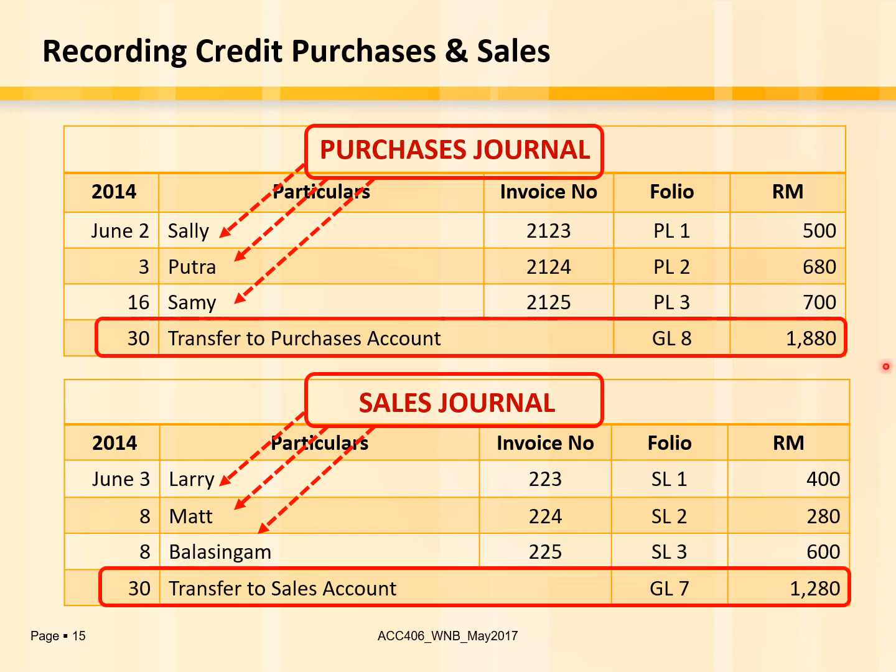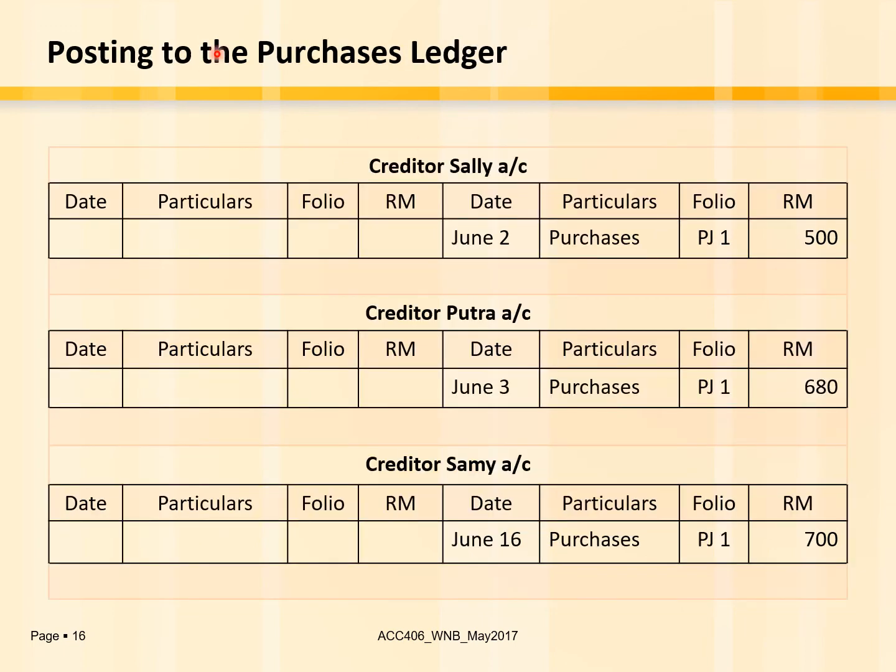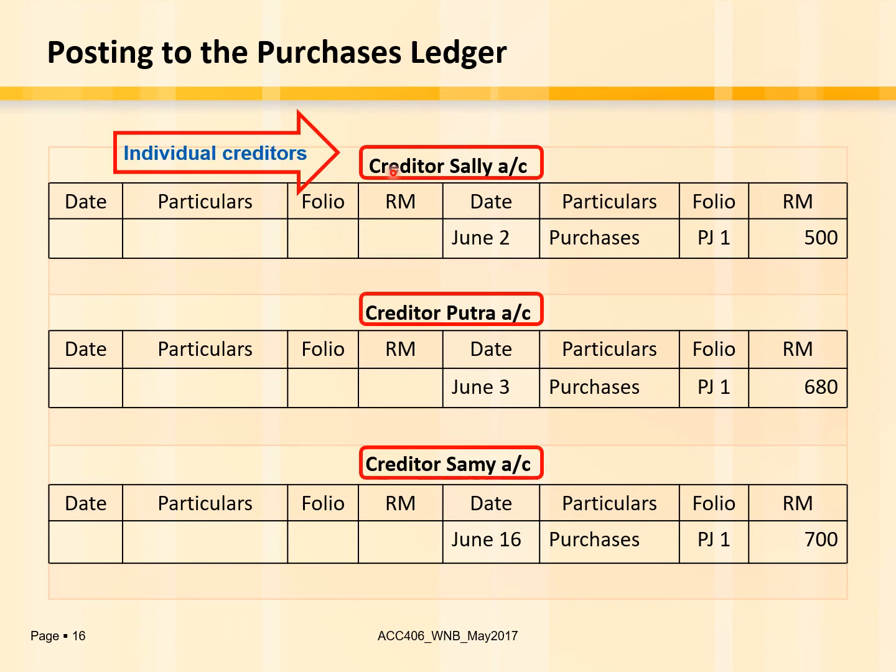Next. This one adalah total yang kita transfer to the purchases and also sales account. Right? This is posting to the purchases ledger. So, tadi kita dah buat purchases journal, right? So, bila nak buat purchases ledger, kita kena buka account sorang-sorang. Macam ni.